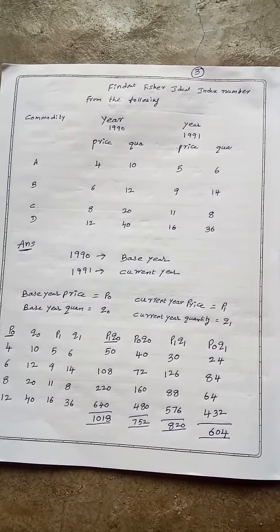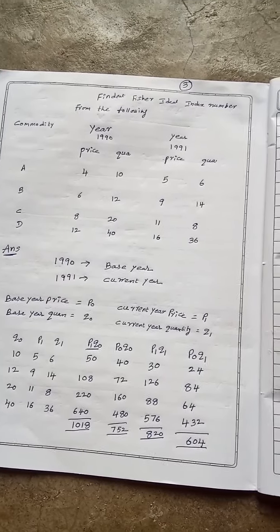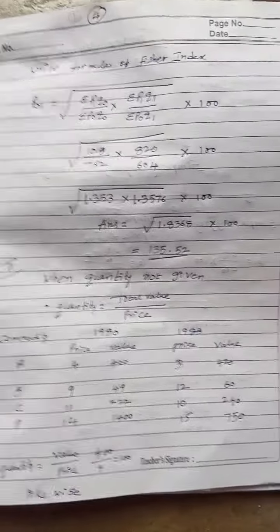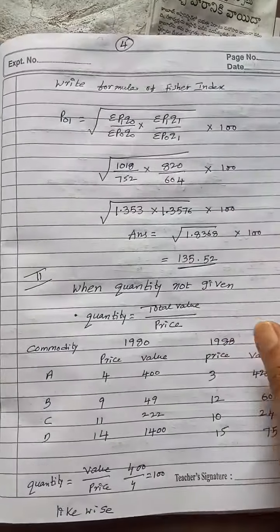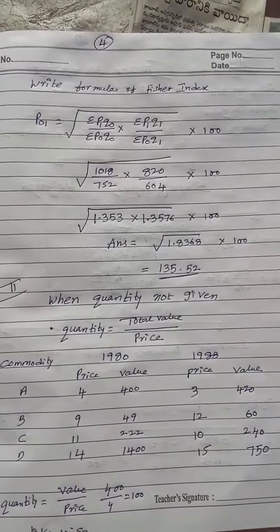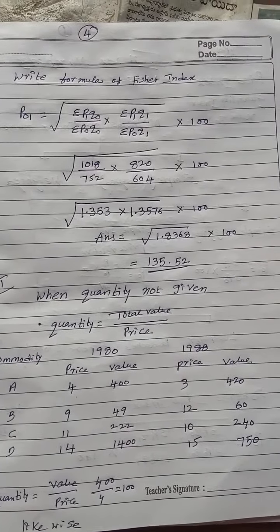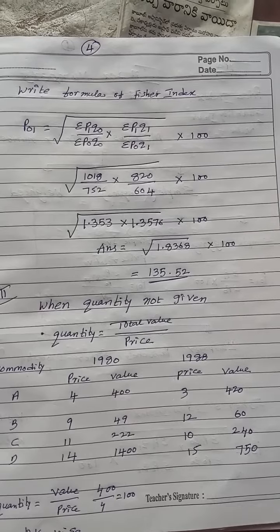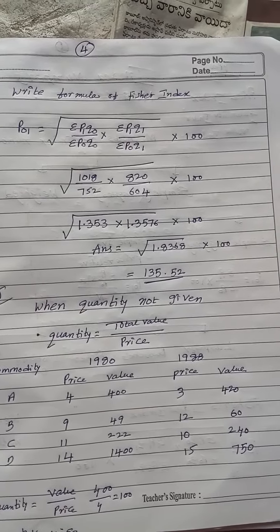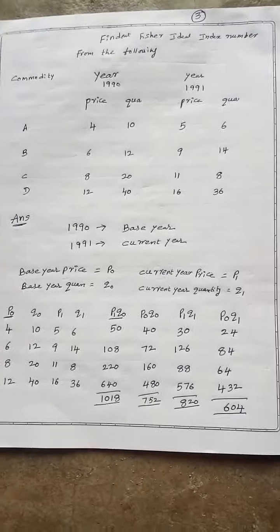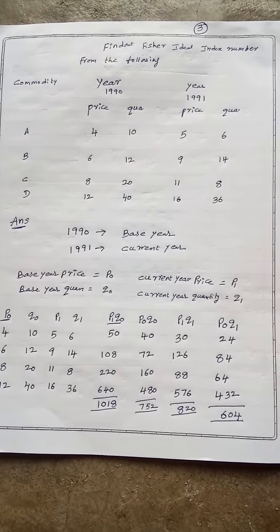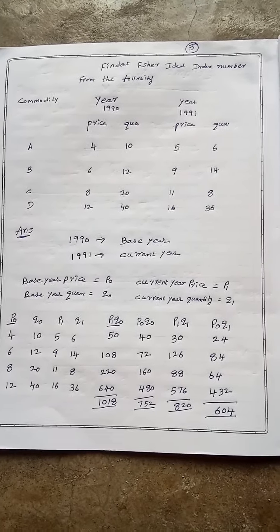Here you will find the price and quantity. By seeing the formula of Fisher, we have to write whatever columns are required: P1 Q0, P0 Q0, P1 Q1, and P0 Q1. These are the columns which are required. So I am doing simple multiplication here. P1 Q0 is P1 into Q0.